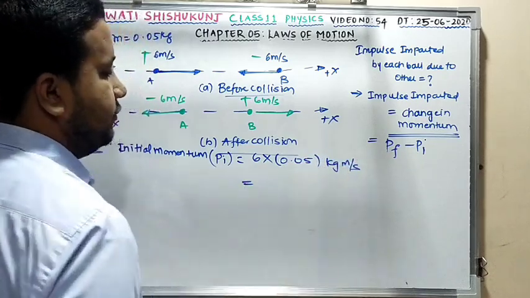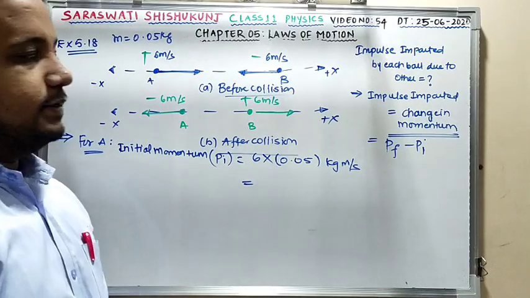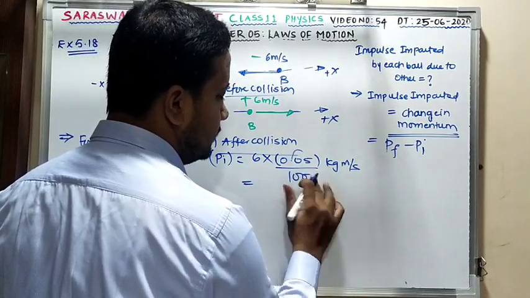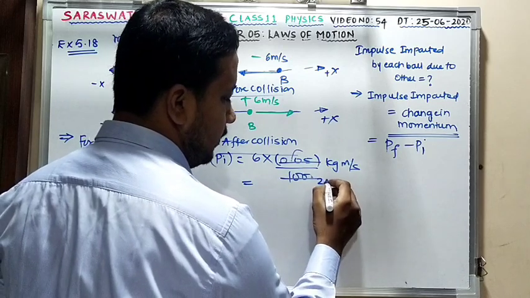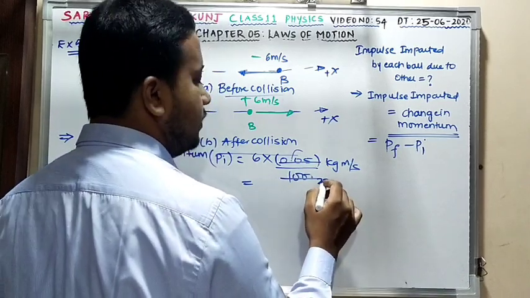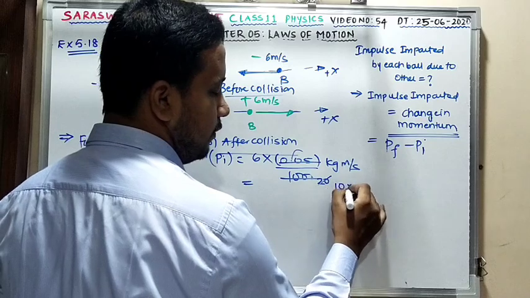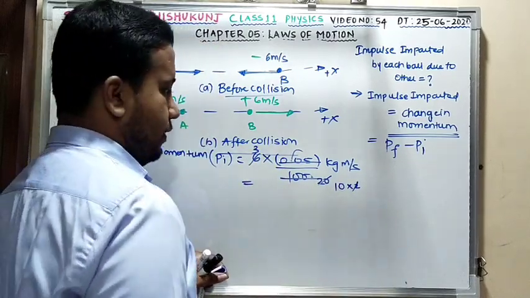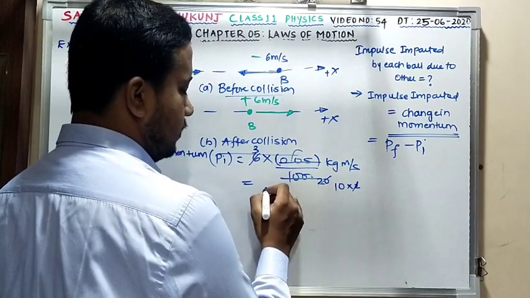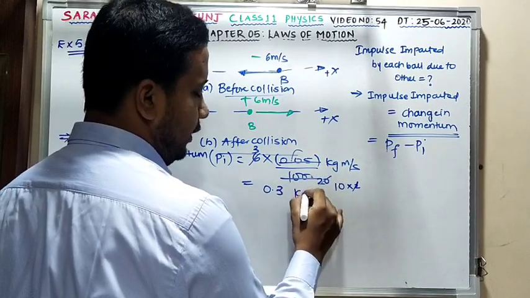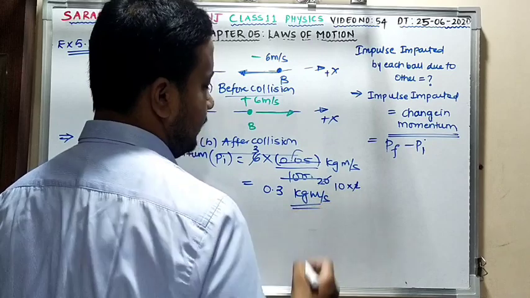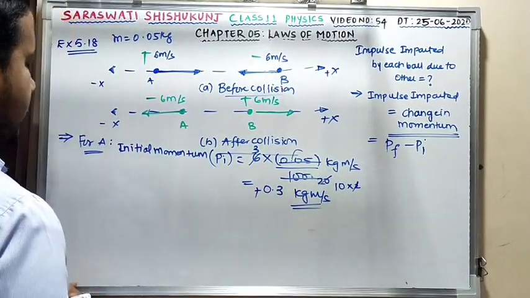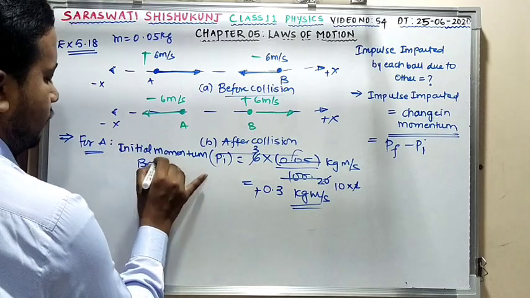What do you get? 0.05 times 6: 5 times 6 is 30, so the answer is 0.3 kg meter per second. Your answer is plus 0.3. Clear? Initial momentum means before collision.